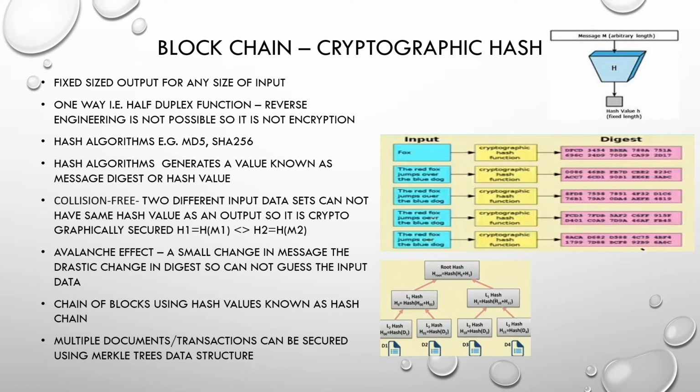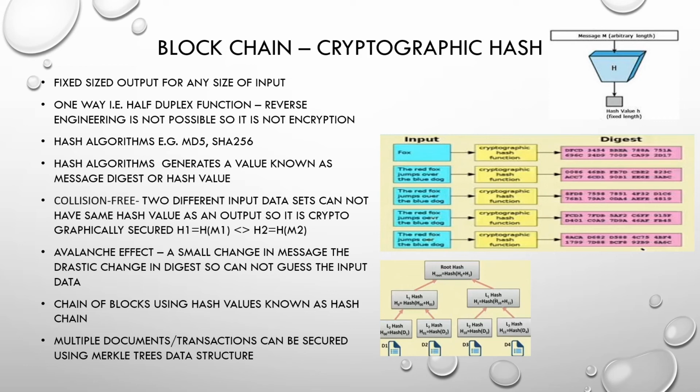A root node has child nodes, and child nodes again have their children nodes, up to the leaf nodes. The Merkle concept of tree data structure says that the hash value of a leaf node is stored in a parent node. You can refer to the diagram, where document D1, D2, D3, D4 are there.